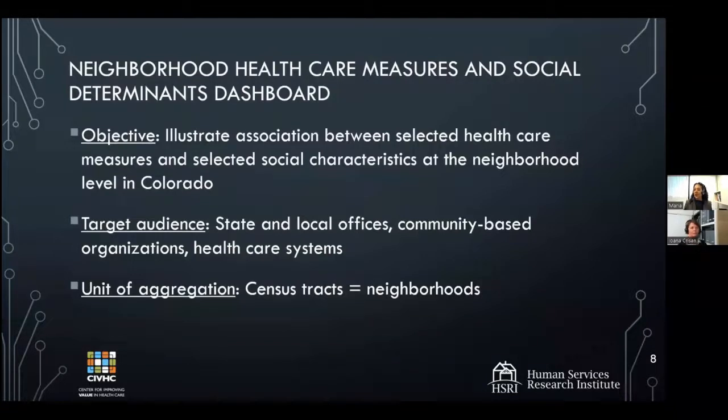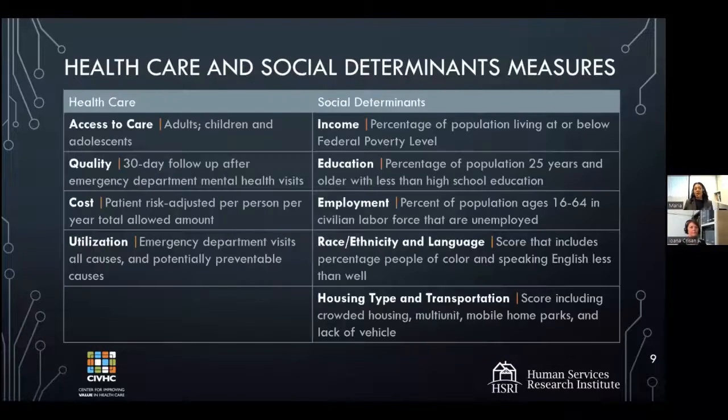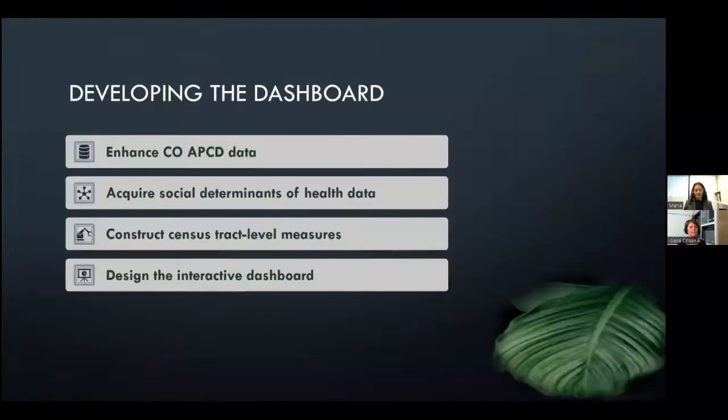We chose census tracts because they demarcate homogeneous populations, and they are used for resource allocation by federal, state, and local governments. We chose a selected set of healthcare measures used in the community dashboard, selected for their relevance to the state. And we also chose a selected set of social characteristics based on literature and availability.